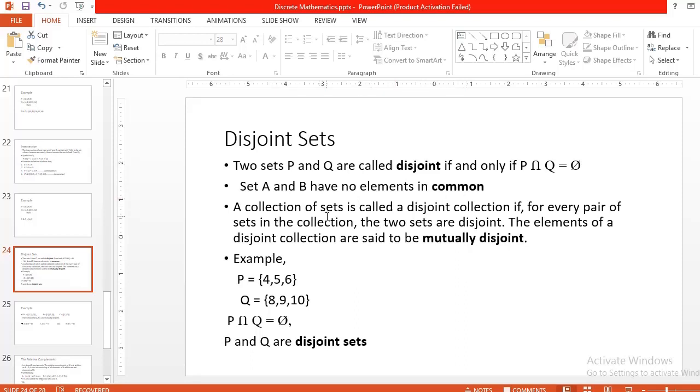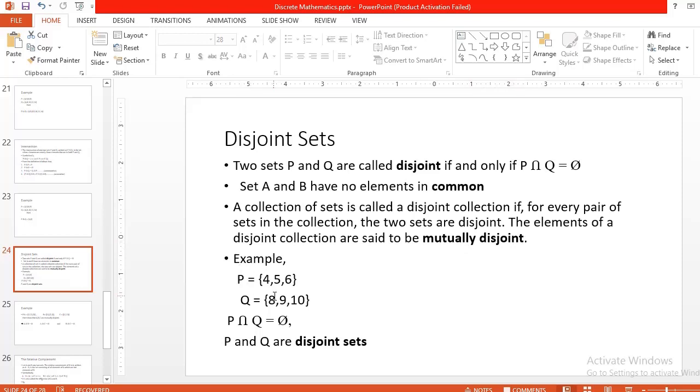A collection of sets is called a disjoint collection if for every pair of sets in the collection, the two sets are disjoint. The elements of a disjoint collection are said to be mutually disjoint. So see here in the statement that the elements included in the disjoint collection are called mutually disjoint.